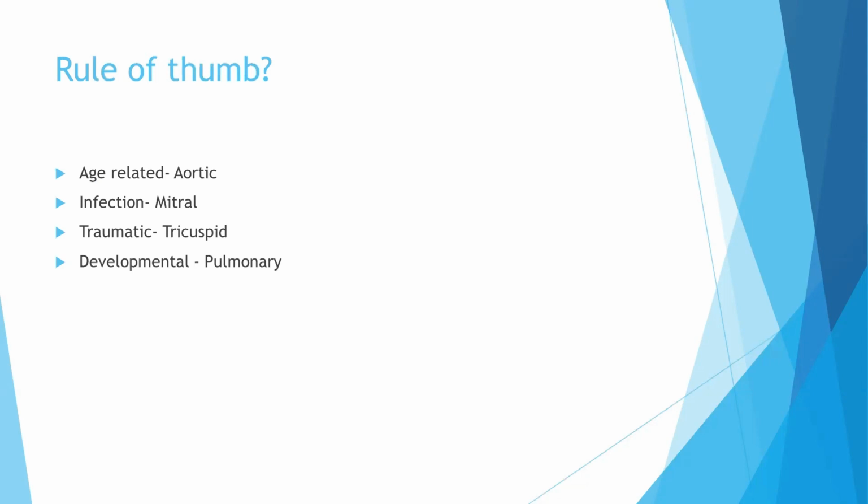If the condition is traumatic, for example, if the patient has undergone some procedure in which a catheter has to be passed from the right atrium through the right ventricle towards the pulmonary artery, then there can be a traumatic injury to the tricuspid valve leading to tricuspid regurgitation. And if there is any developmental valve condition, then most commonly it is the pulmonary valve.